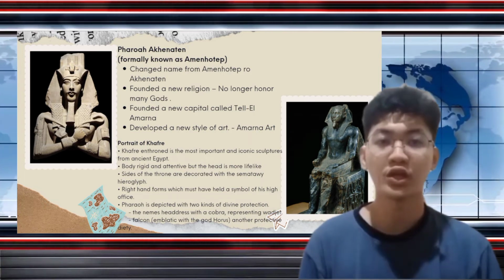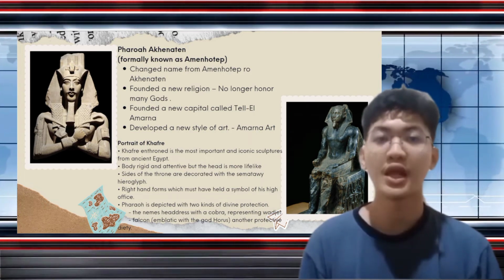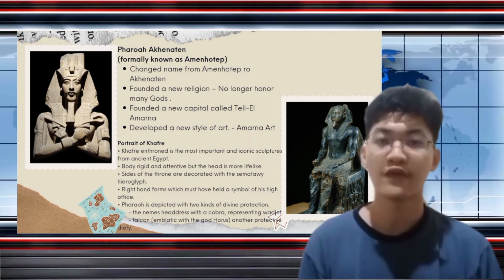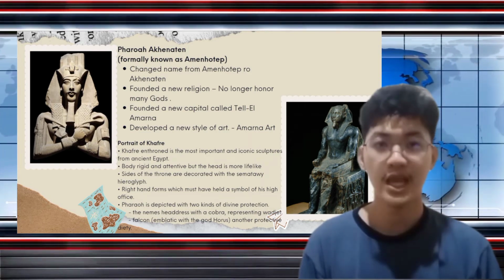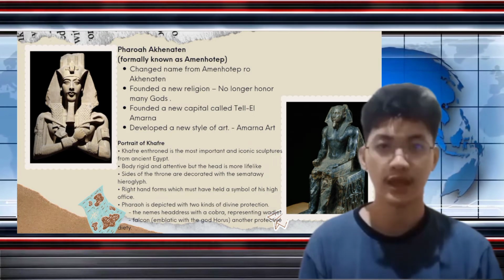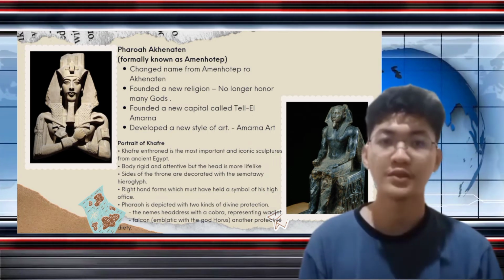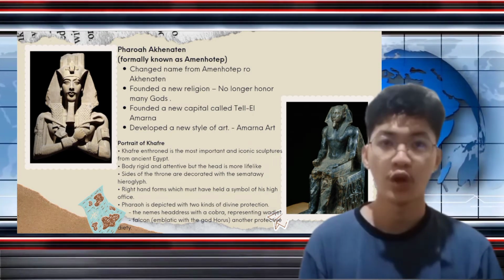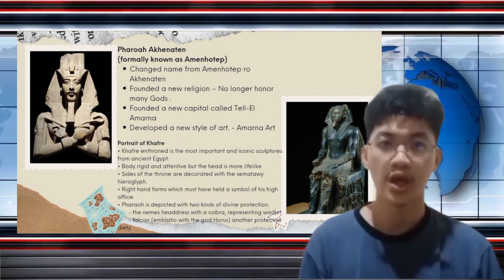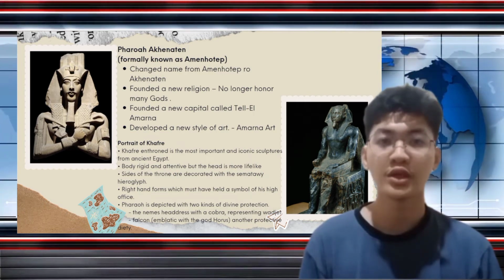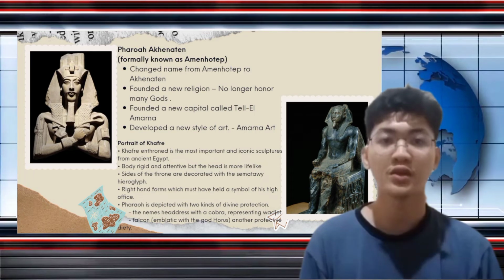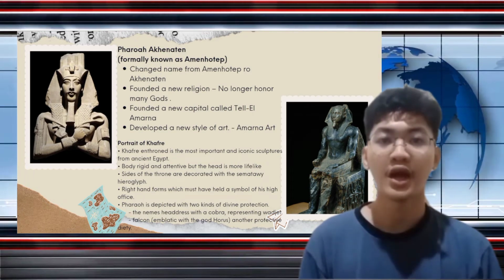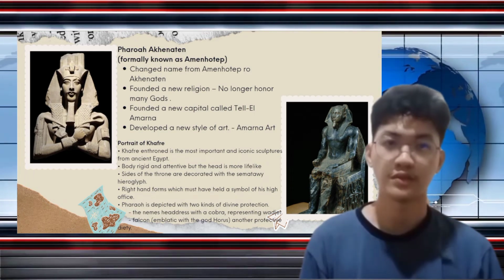He then founded a new capital called Tel Amarna, the new city of Aten, which is dedicated only to Aten. He then developed a new style of art, which is Amarna art. Amarna art is royal poses with elongated neck and head and other exaggerated features.